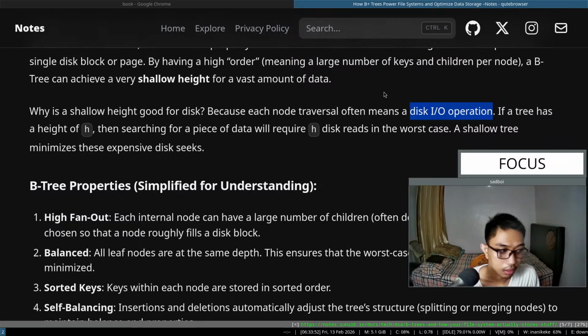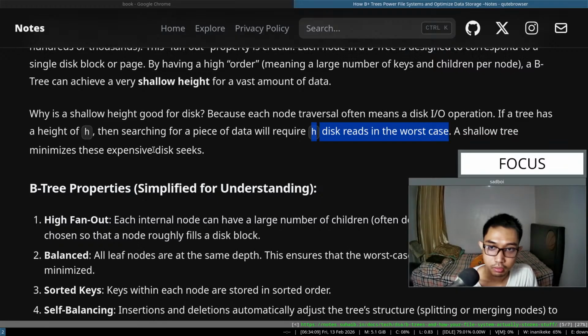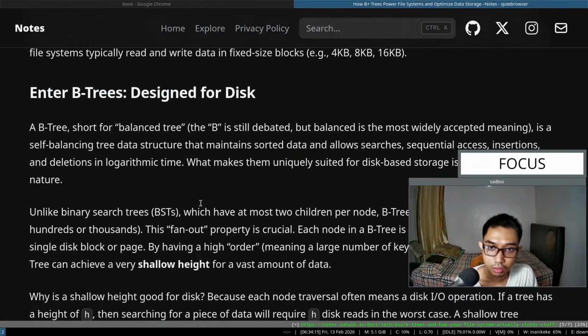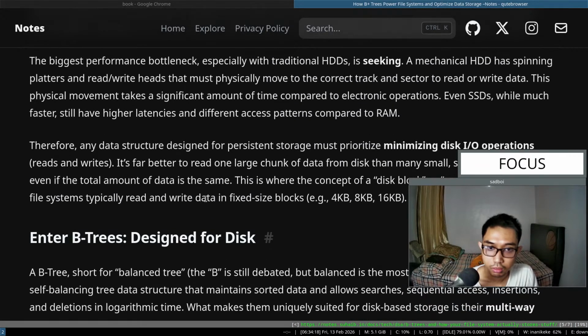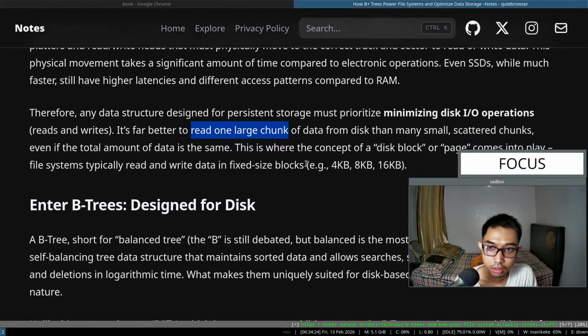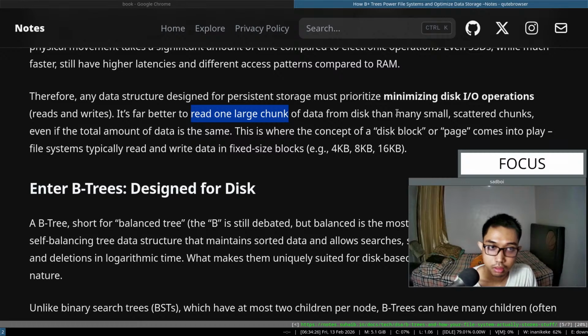If a tree has a height of 8, then searching for a piece of data will require 8 disk reads in the worst case. A shallow tree minimizes this expensive disk seek. Oh, okay. Is that why reading one large chunk is better than many small scattered chunks?